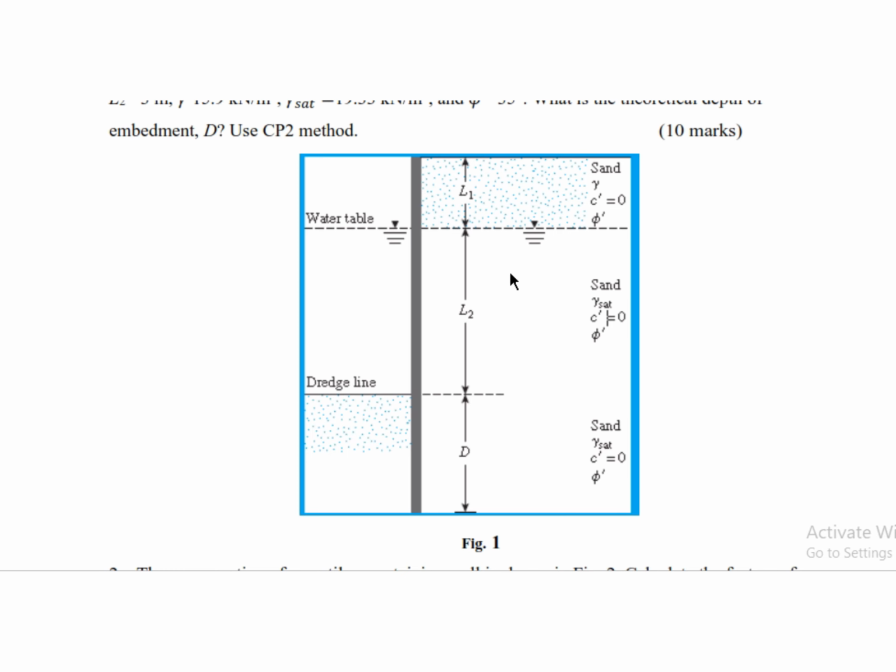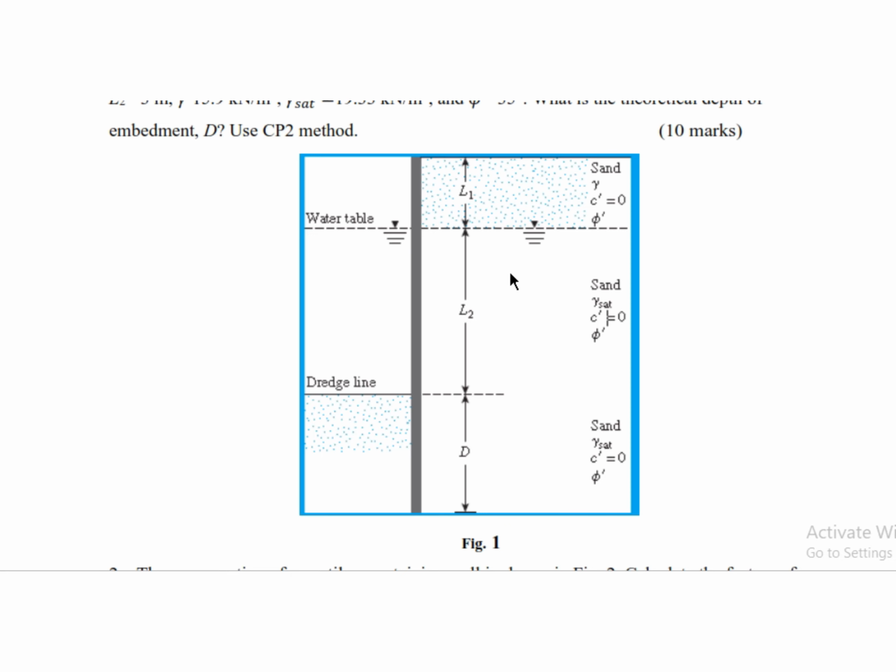Like I've said, this content is at undergraduate level, in the Kenyan system specifically in fourth year. There's the CP2 method, there's a BS 8004 method, now Eurocode, but the design is the same. It depends on the factors that you use to modify the shear strength of the soil.